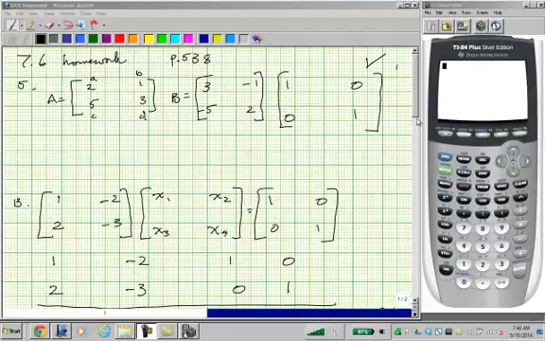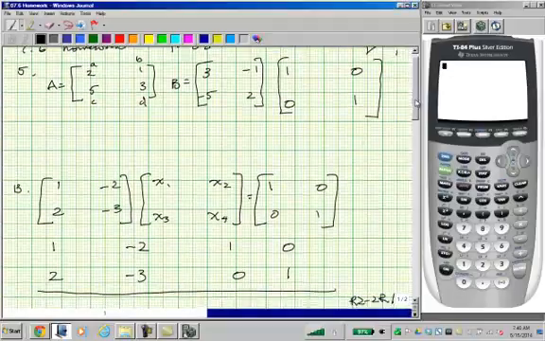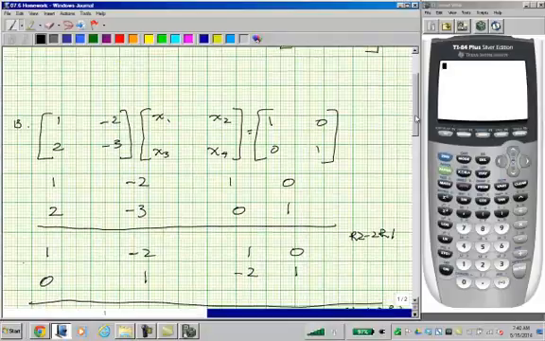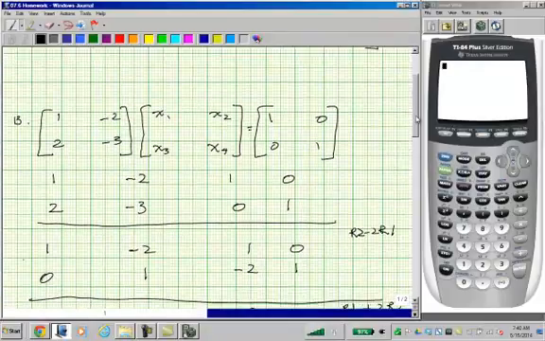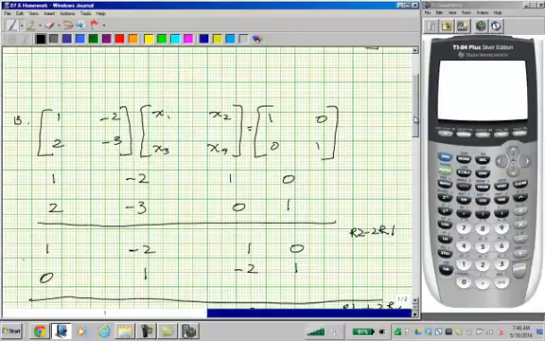Now, in 13, we're going to use the RREF method to produce an identity matrix.